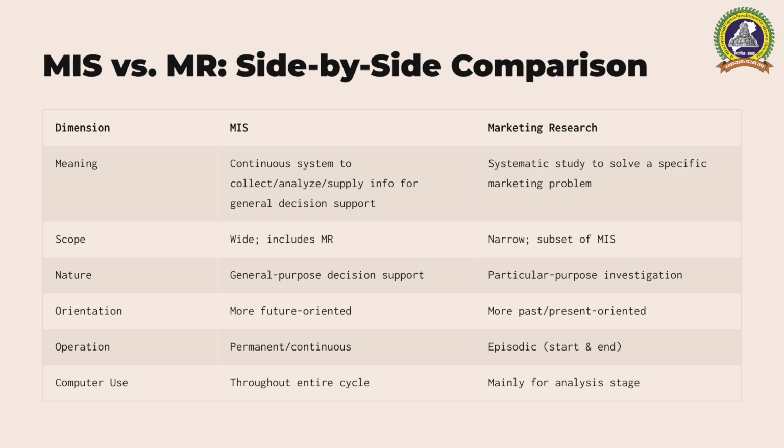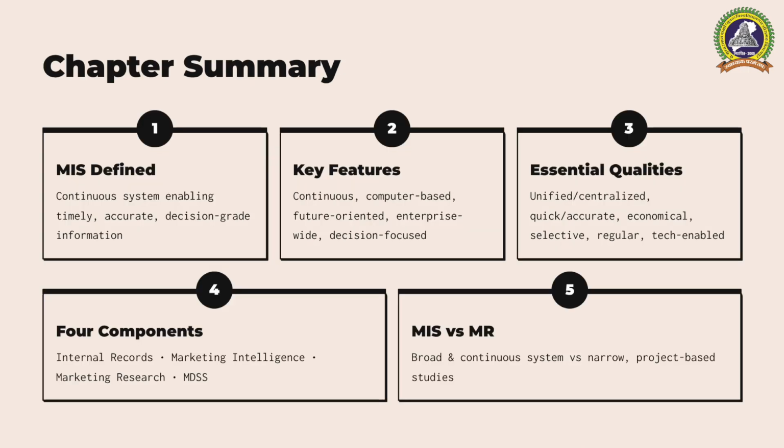This brings us to the end of our lecture on marketing information system. Let's quickly summarize the main points we have covered today. We began by defining the MIS as a permanent and continuous process that collects, analyzes and supplies information to marketing managers to help them make better decisions. We identified its key features, noting that it is computer-based, future-oriented and continuous.